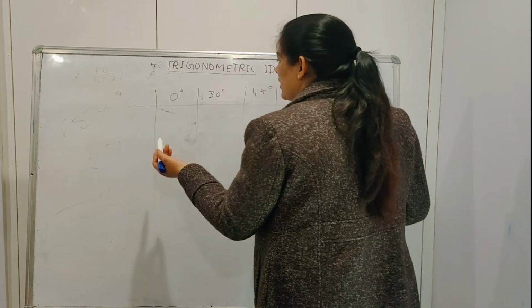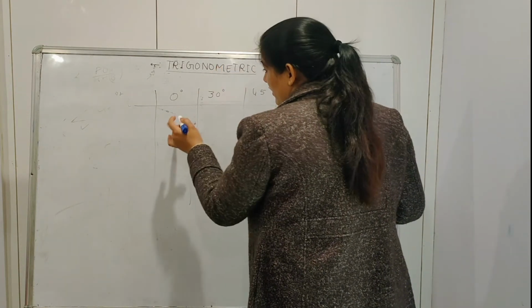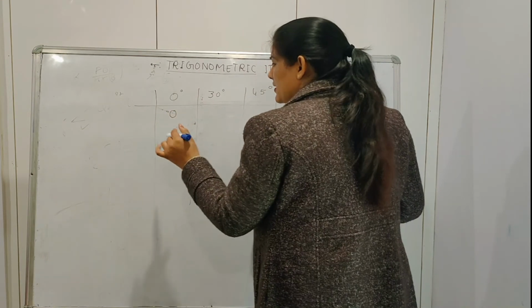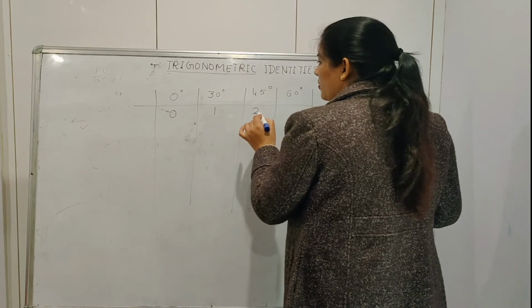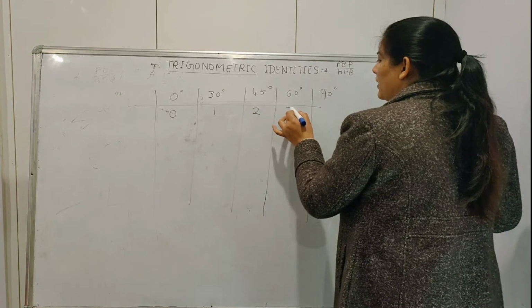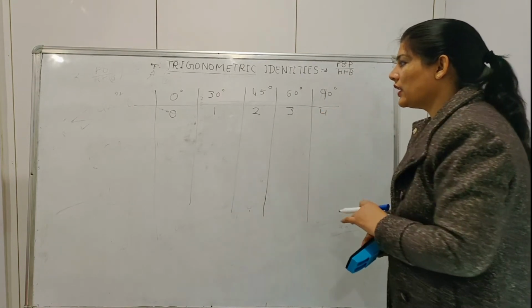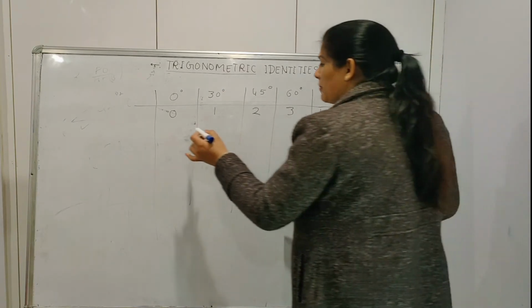The integers, or you can say positive integers or non-negative integers, start with 0, or you generally can say whole numbers. So write the numbers 0, 1, 2, 3 and up to 4. This is the trick to make the table on your own.